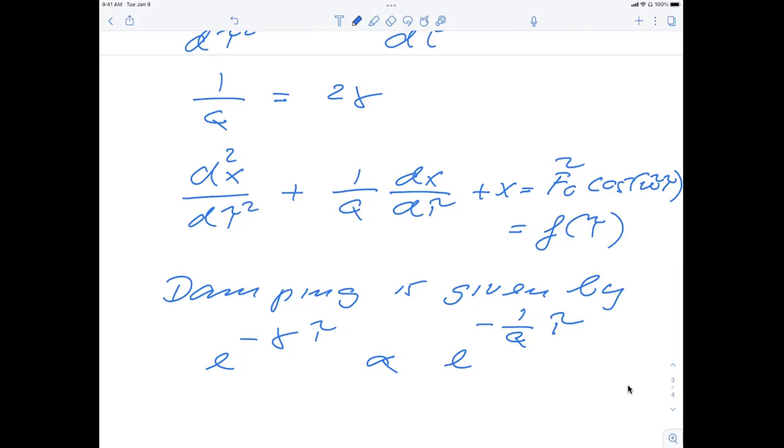But if tau had been time, then Q also has to have dimension time. So Q plays the role of a kind of decay time here. So let's see how we can analyze that and try to express this Q in terms of the way a system is going to decay, or the motion is going to come to rest due to the damping or the friction term. So let's take a quick look at that.